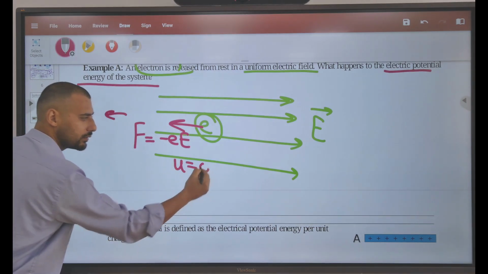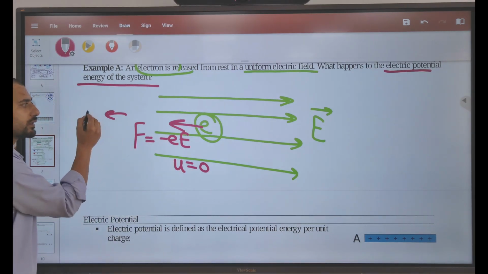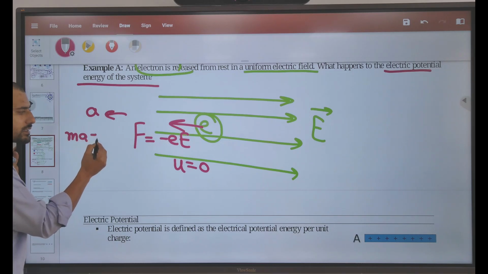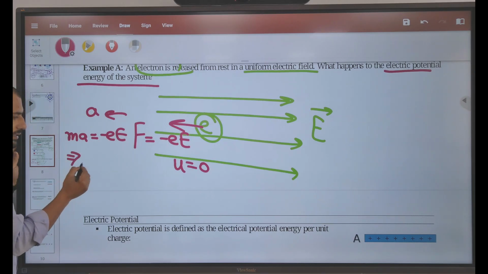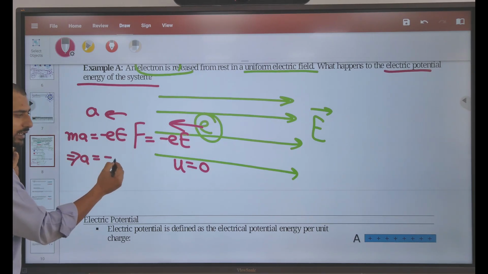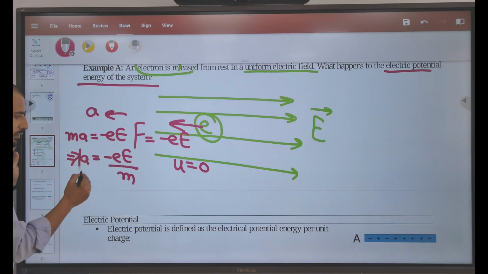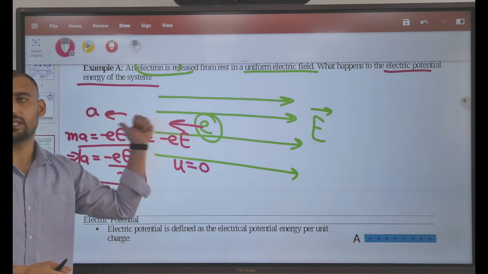This force will create acceleration. Mass into acceleration is equal to negative e multiplied by E, due to which acceleration is equal to negative eE upon m. That means the acceleration is against the electric field.